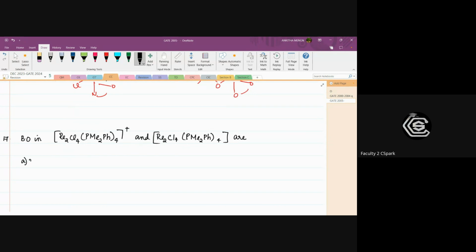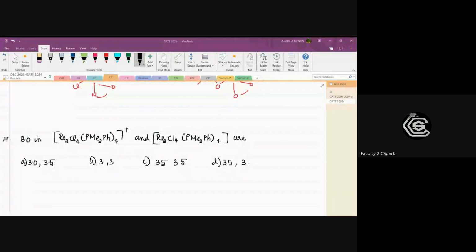Option A 3.5. Option B 3. Option C 3.5. Option D 3.5. The question is what they are respectively.